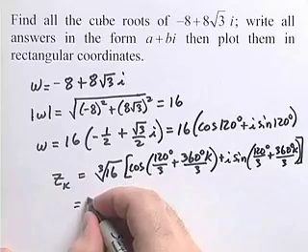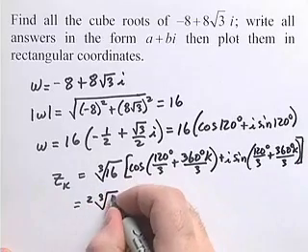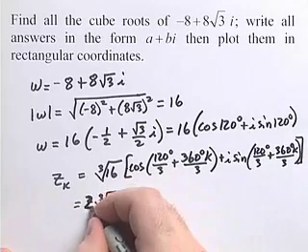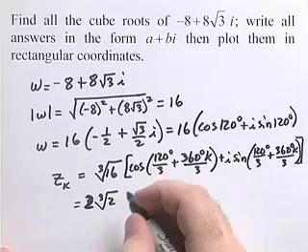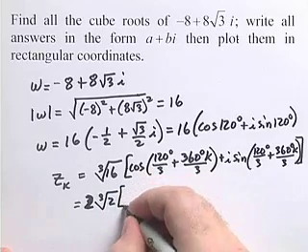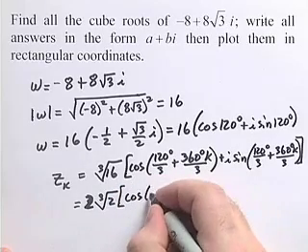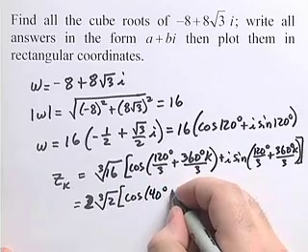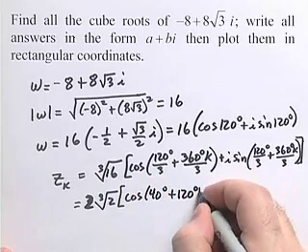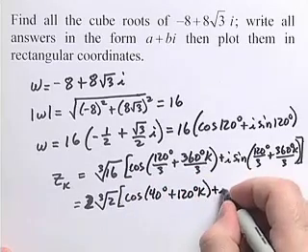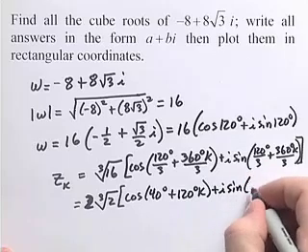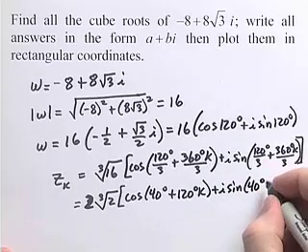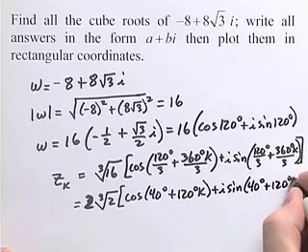This will simplify to 2 times the cube root of 2, times the cosine of 40 degrees plus 120 degrees times k, plus i times the sine of 40 degrees plus 120 degrees times k.